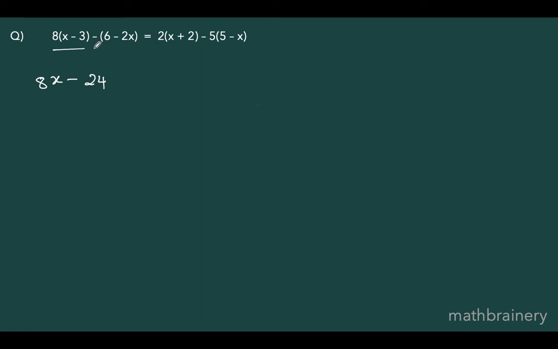Now here you have a minus sign, so always be careful with the signs. Minus of 6 minus 2x is minus 6, and minus into minus will be plus 2x. This is equal to 2 times x plus 2 is 2x plus 4. Now minus 5 into 5 is minus 25, and minus into minus will be plus 5 times x will be 5x.